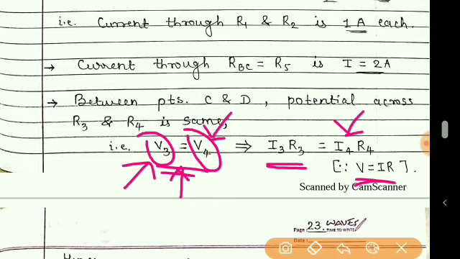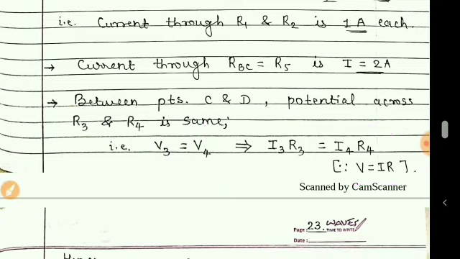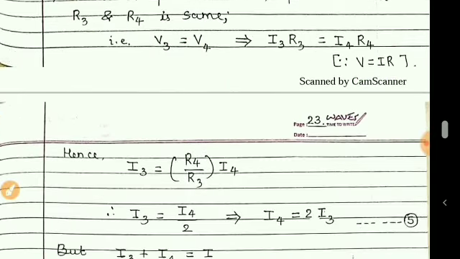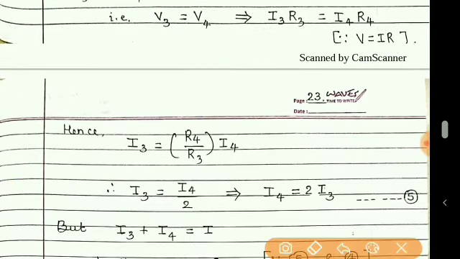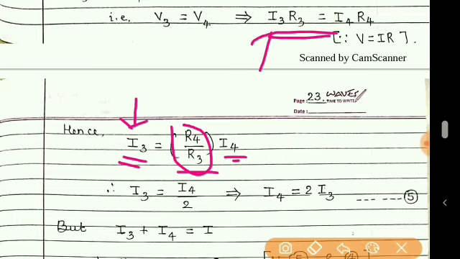Now we have the values of R3 and R4. Writing this in terms of a ratio and making I3 the subject, we get R4 upon R3 into I4 is equal to I3.